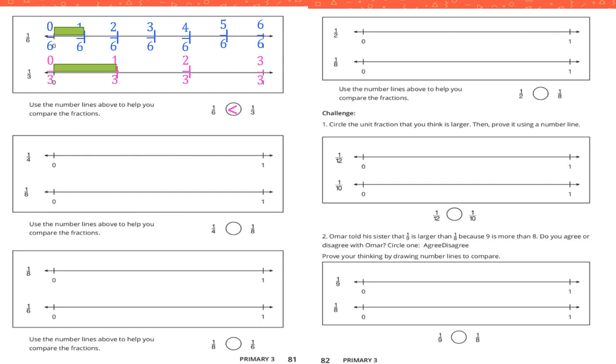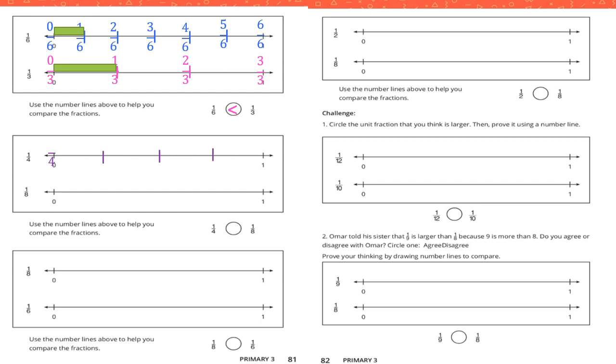Also, by the same way, 1 over 4 and 1 over 8. To split this number line, and the denominator is 4, 4 equal parts, make how many dashes? 3 dashes.